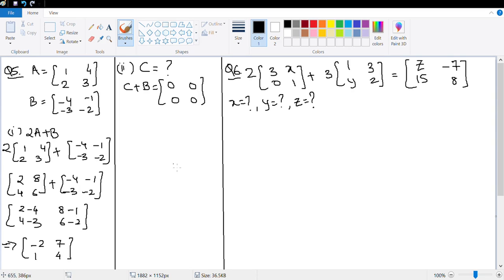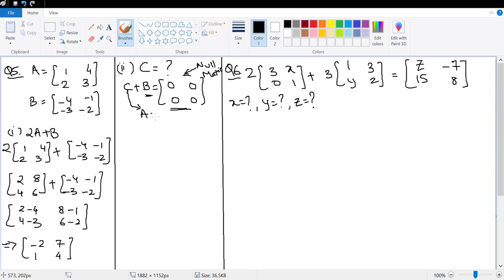Find a matrix C such that C plus D is equal to [0, 0, 0, 0]. So this is basically a null matrix. So you need to add something to B so that you get a null matrix. Do you remember something?